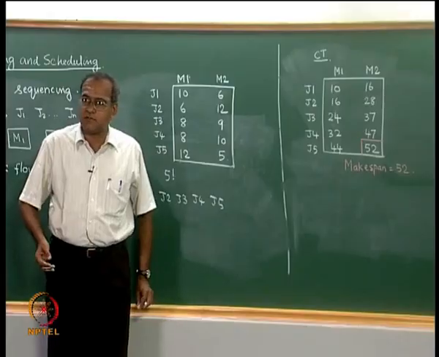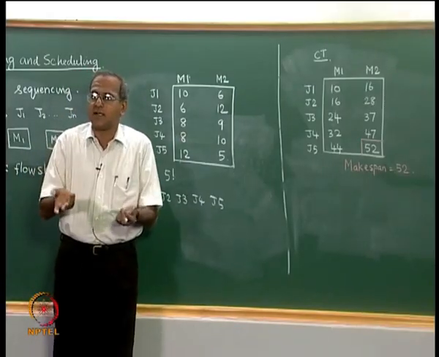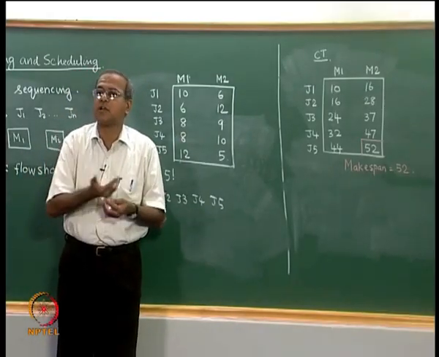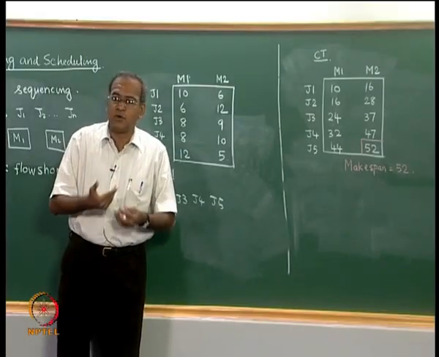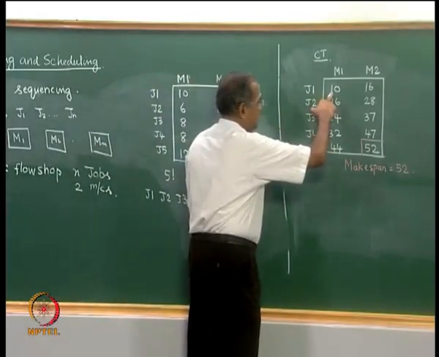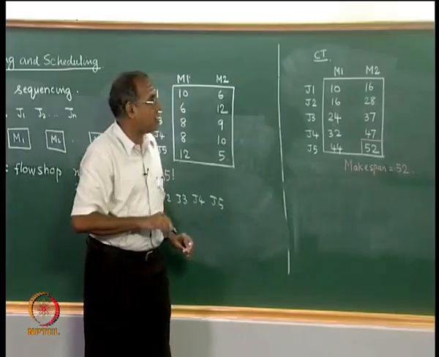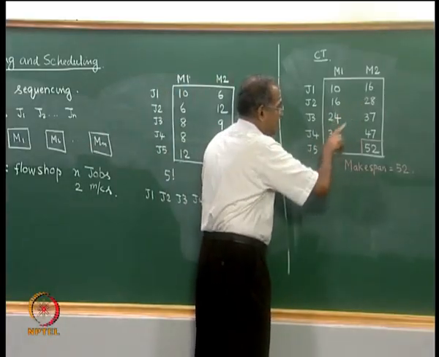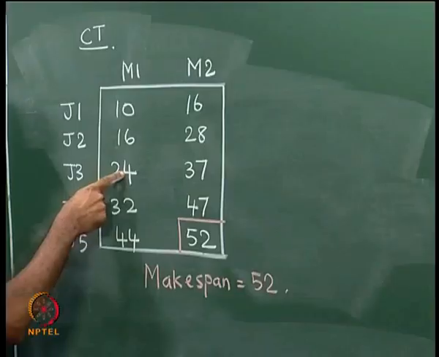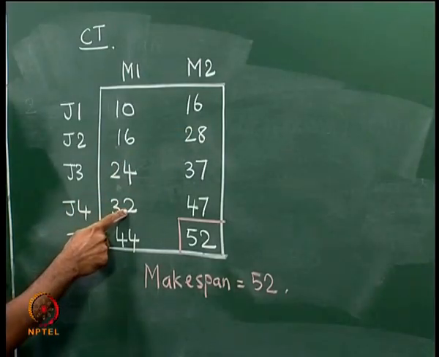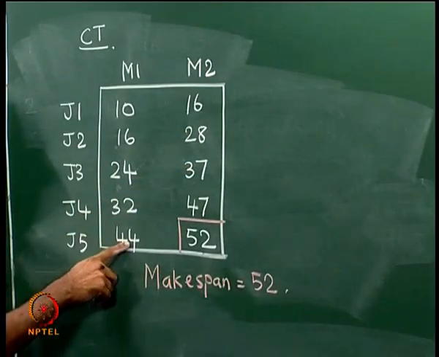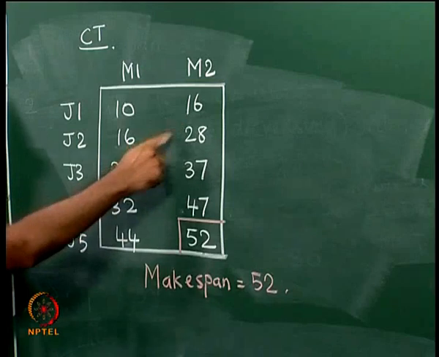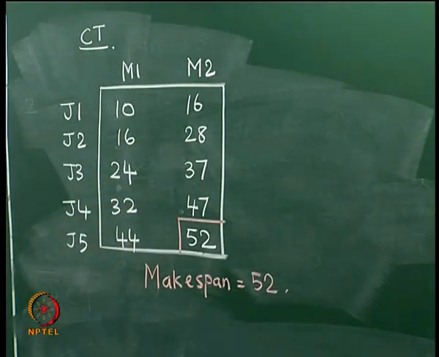Another thing that we observe is M2 cannot start at time equal to 0 because of the flow shop condition. So, M2 can start only here at 10, and then we also realize that there were some delays. There was a delay of 4 units here, a delay of 5 units here, a delay of 3 units here. So, 4 plus 5 is 9, plus 3 is 12.